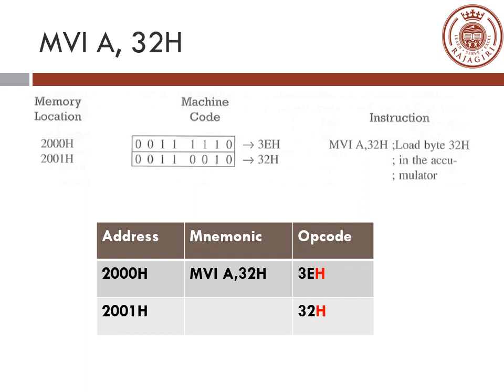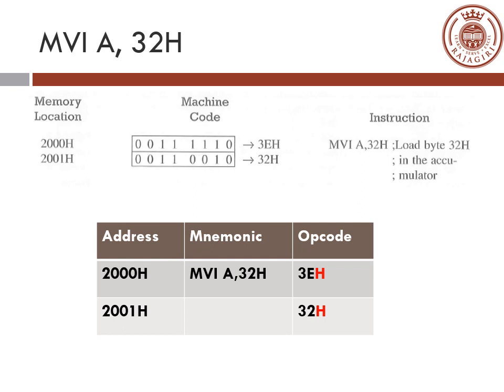In memory, you can take any sequential memory locations. The memory location 2000H contains the machine code 3EH, and 2001H contains the machine code 32H. 3EH is basically the opcode.